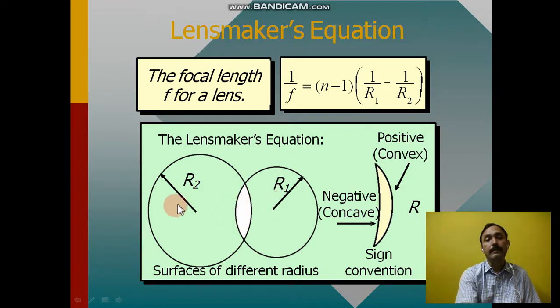That means if light is coming from this direction, the end of the lens on which the incident ray is falling, its radius of curvature is R1, and the end from which the light is emerging out, its radius of curvature is R2. So 1 by f is equal to (n minus 1) into (1 by R1 minus 1 by R2).